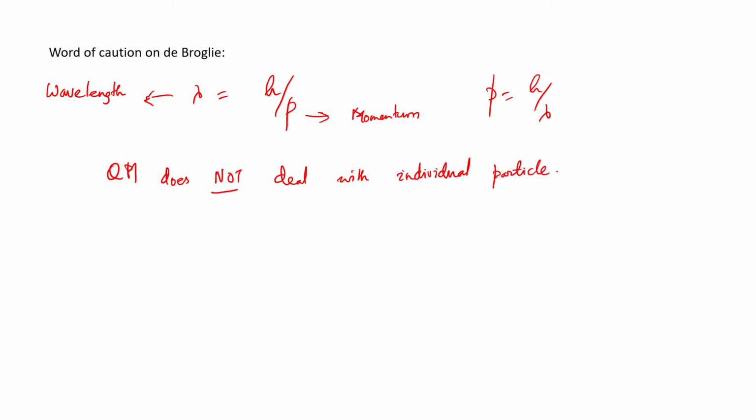It rather deals with ensembles. So it's very statistical. In fact, if you have had a course on quantum, you know that in quantum mechanics, we don't compute the exact values, we rather compute expectation values or averages.